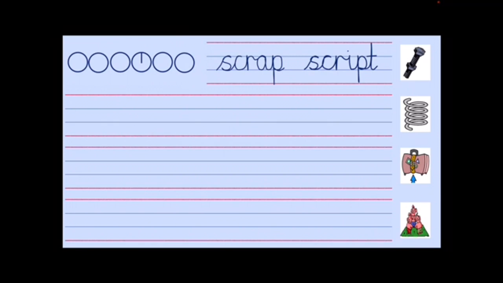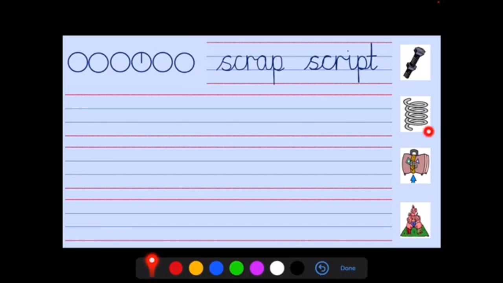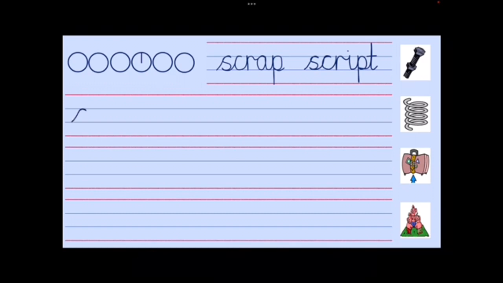Our next word is just what we can see in the picture. Spring. Spr, S-P-R, and then ing, I-ng.